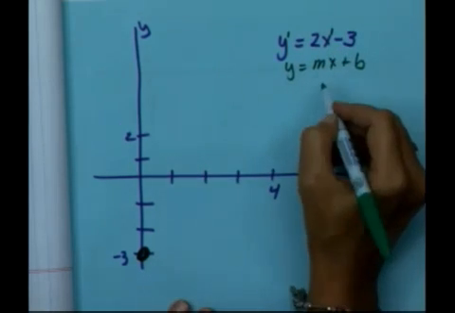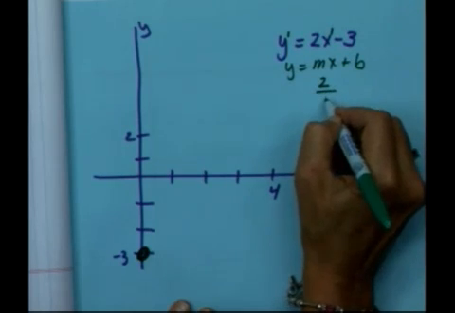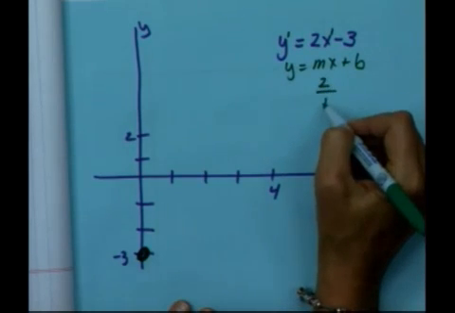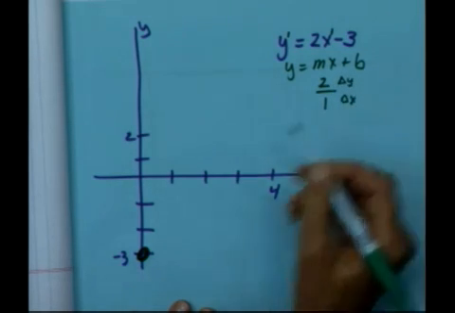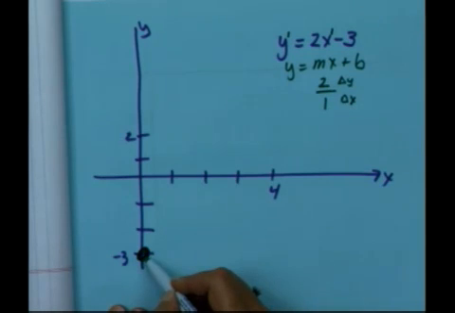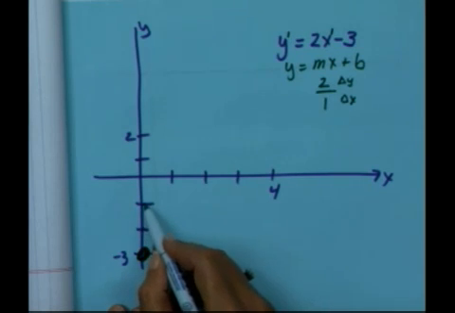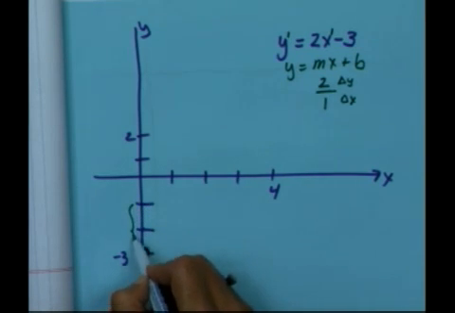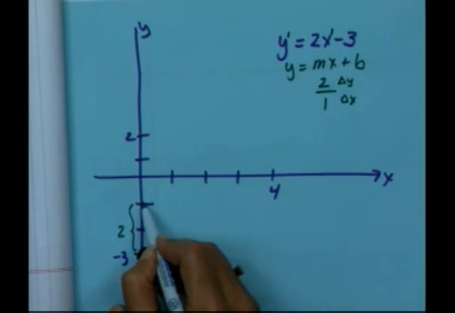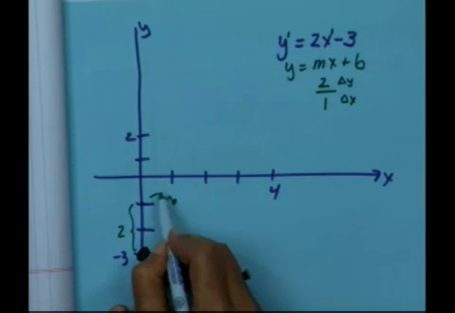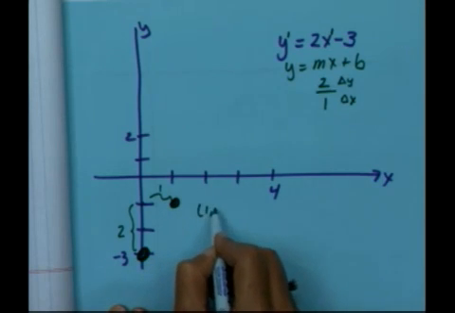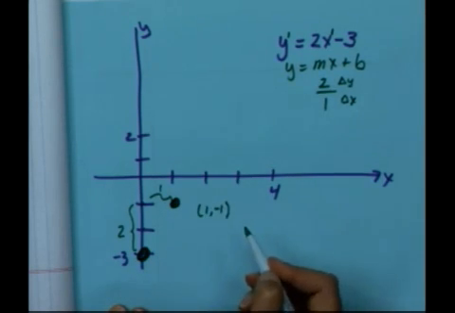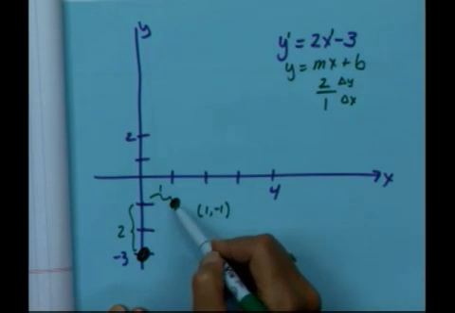Slope is rise over run, change in y over change in x. So if we know one point, to get to another point, all we have to do is do what? Go up 2 and over 1. And so the next point that should be on the line is 1, -1. What's the next point that should be on the line?